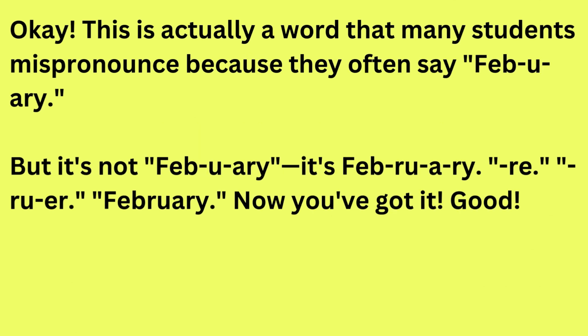February. Okay? This is actually a word that many students mispronounce because they often say Feb-yoo-ary, but it's not that. It's February. Re. Ruer. February. Now you've got it. Good.